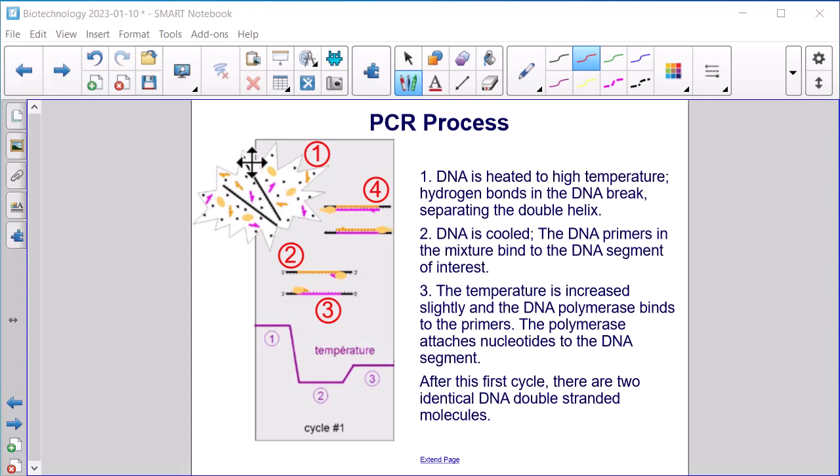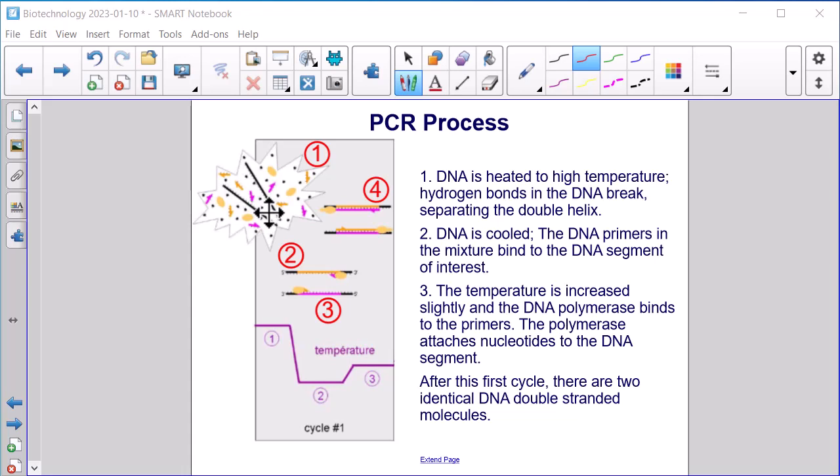We have enzymes, we have the primers, we have the DNA sample itself. And so when we increase the temperature, the bonds that are holding the two black lines here, the DNA fragment, break. When you heat it, it separates.